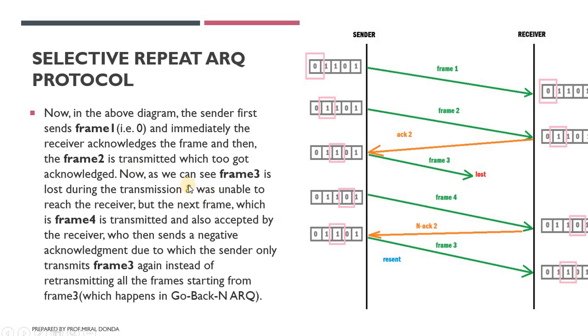Frame 3 is lost during transmission and was unable to reach the receiver, but the next frame, frame 4, is transmitted and accepted by the receiver, who then sends a negative acknowledgement, due to which the sender only transmits frame 3 instead of retransmitting all the frames starting from 3. So only frame 3 is retransmitted, not all other frames. That is the benefit of the selective repeat protocol.